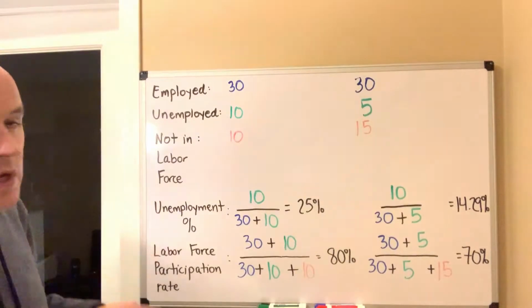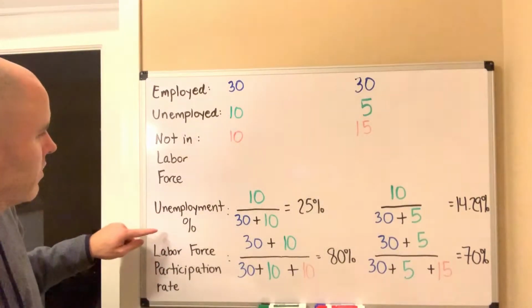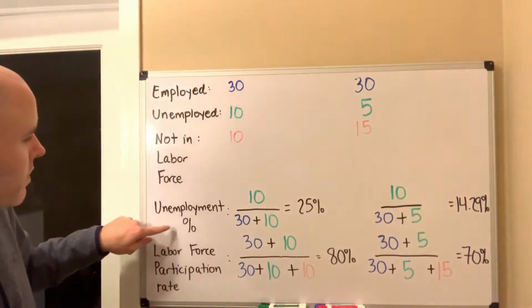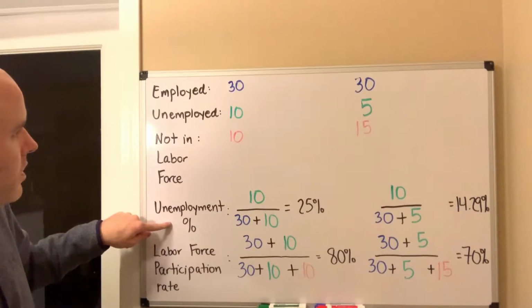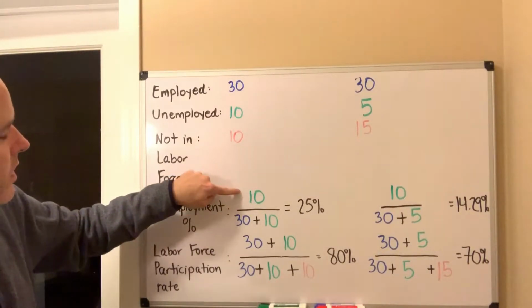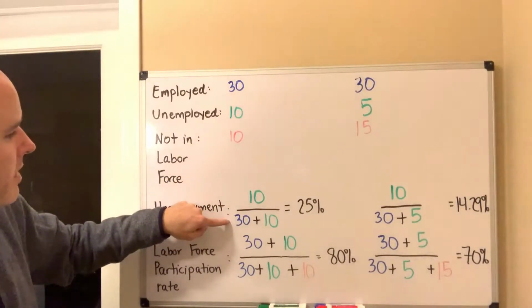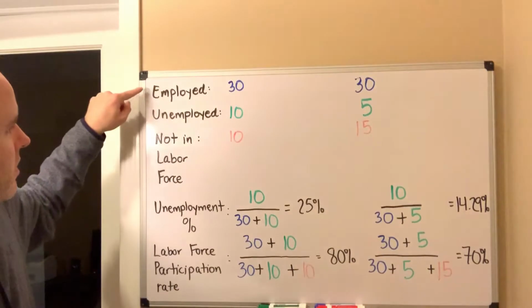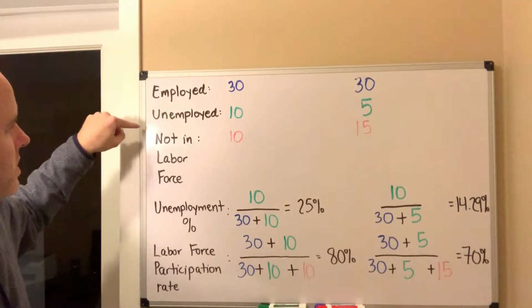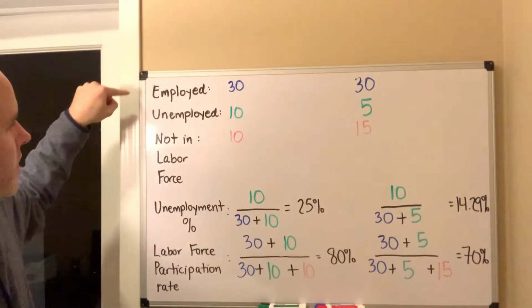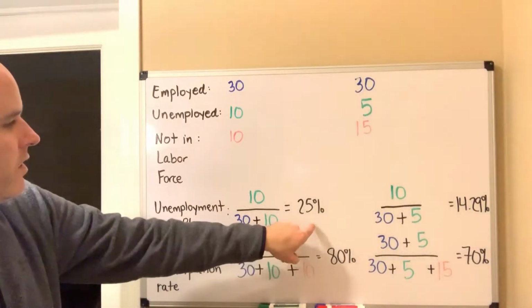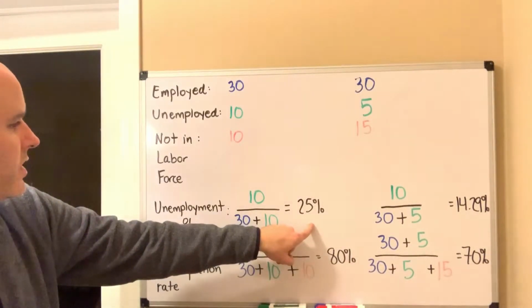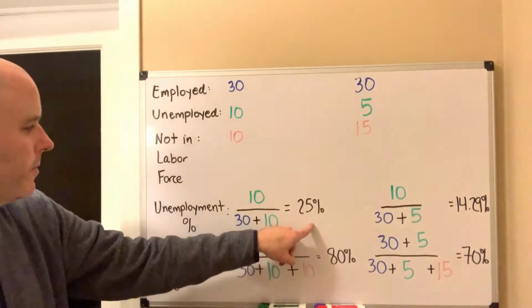Okay? So, down here, in order to arrive at the unemployment rate, you basically take the number of unemployed, which is 10, and you divide that by the labor force, which is the employed plus the unemployed. So 30 plus 10, you get a 25% unemployment rate in our example.